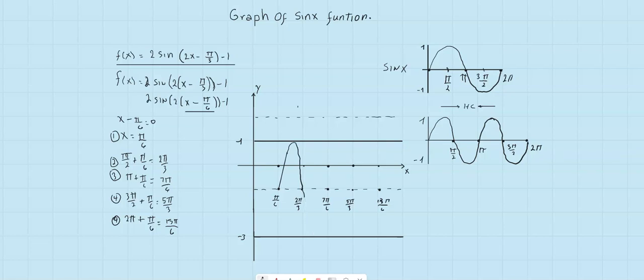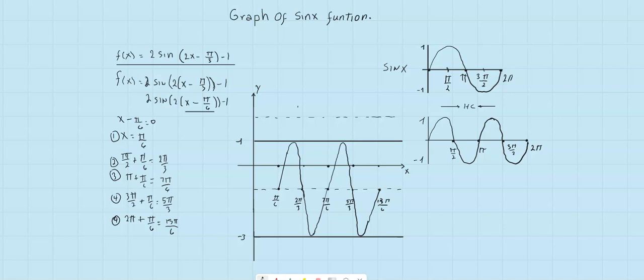Then it's going to go up like this again. It's going to go down all the way to 3 again, and all the way to this point right here. And that's the transformation of the graph. It goes from 1, the amplitude, to -3 due to the -1 right here that it needs to be shifted down.